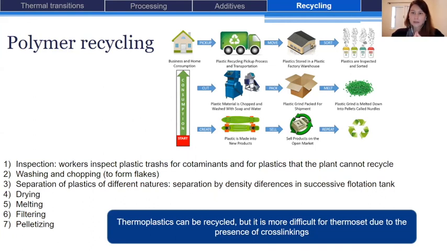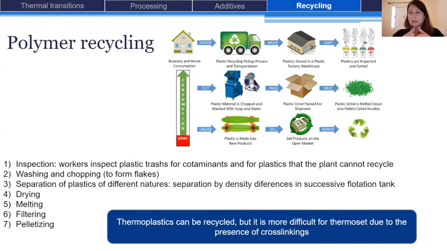So after that, the different flakes composed of different plastics are dried and melted. And once they are melted, they are filtered, because sometimes there are some particles, additives like fillers, that are still present in these polymers.